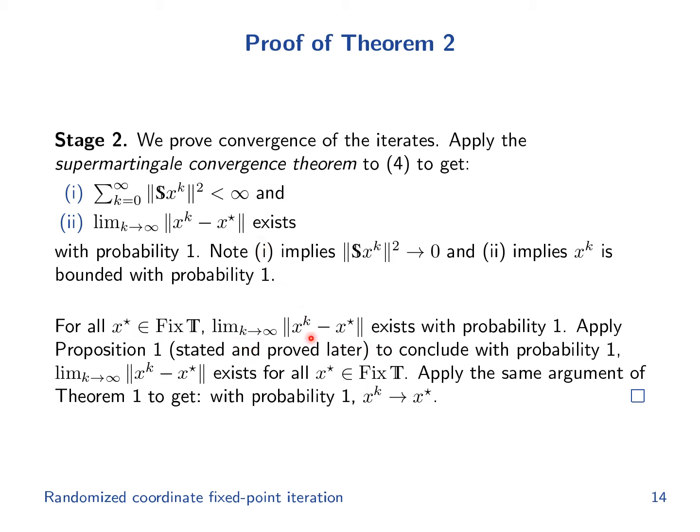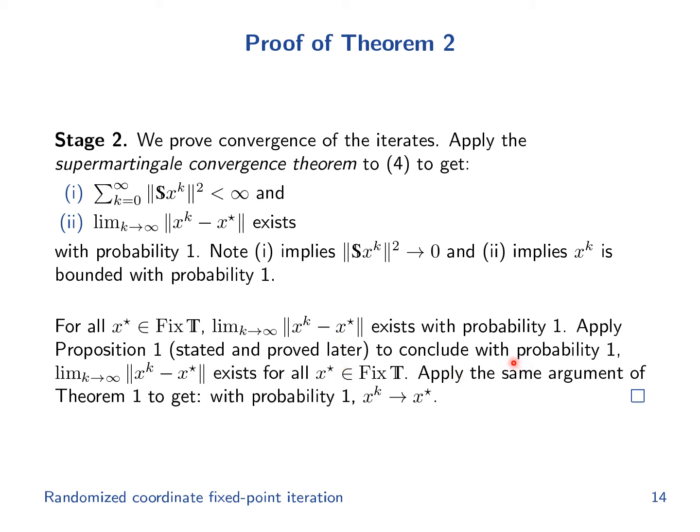And in stage 2, we showed that the sequence converges with probability 1. We're going to apply proposition 1, which we're going to state and prove in 2 slides, to improve the statement into the following. With probability 1, the limit of the sequence exists for every fixed point. The subtlety will be explained in the next slide.